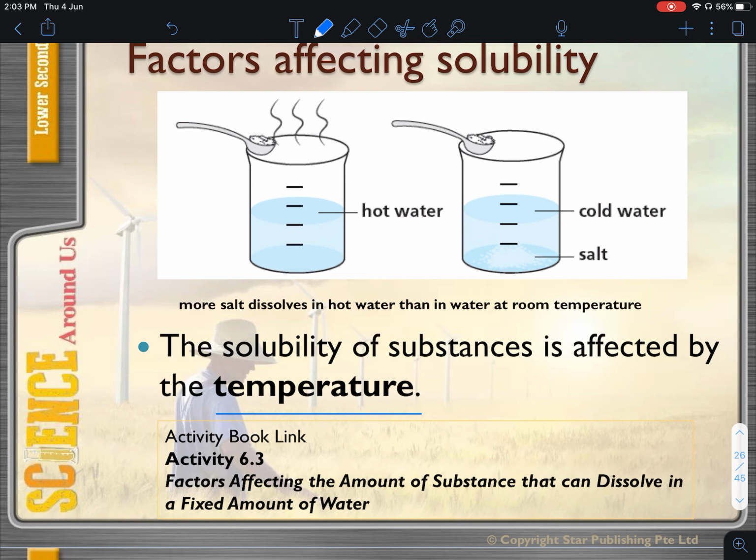The temperature will naturally help to dissolve the solute faster. Why is this so? Because a higher temperature will increase the kinetic energy of the particles. So they tend to break down easily such that they will mingle and mix around in the solvent much faster. Therefore, with higher temperature, you may have higher solubility of the substance.